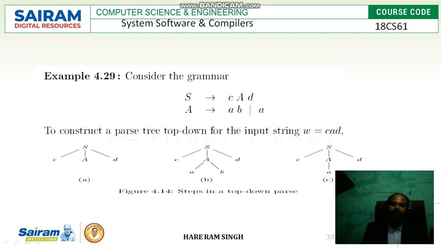So we go back to A, and A will be replaced with the next derivative, a. Now let us match. c is matching c, a is matching with a, and d is matching with d. So we got it. This is the top-down parse tree generated for this context-free grammar for this string. Thank you very much.